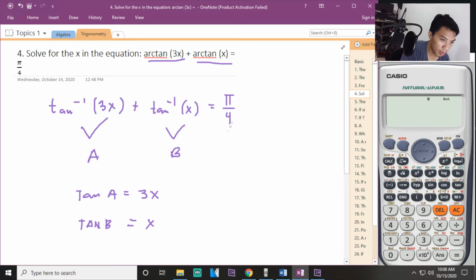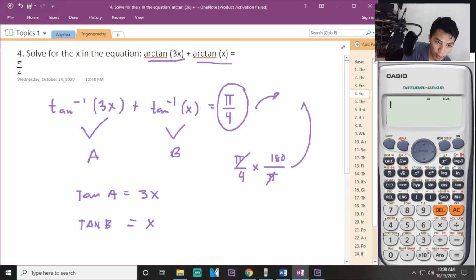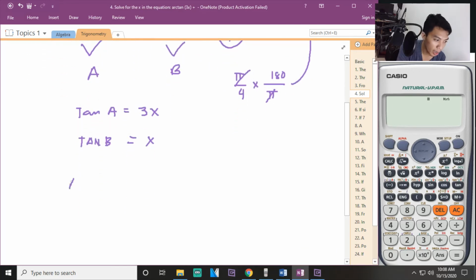And then, when we translate this into degrees, pi over 4 times 180 over pi, so 180 divided by 4 is equal to 45. That is the correct way to solve that. So, we will say that A plus B is equal to 45.